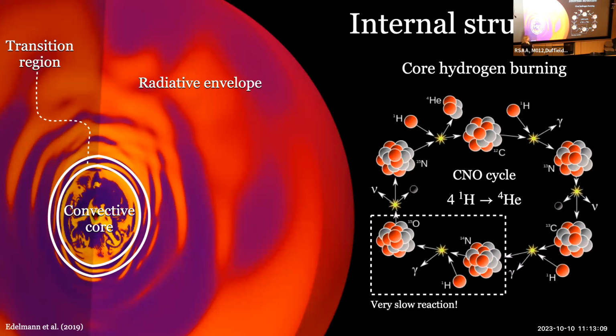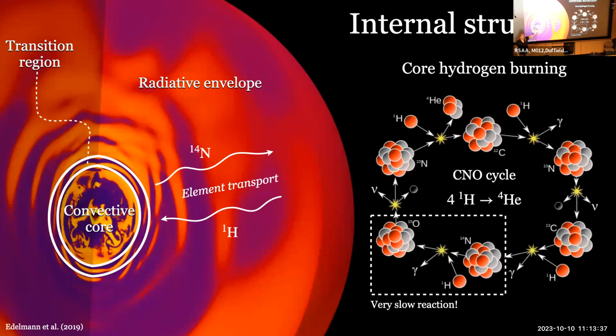Out of these reactions, the slowest one is where we're transforming nitrogen into oxygen. Because it's a slow reaction, we end up building up nitrogen in the cores of these stars. And if we have mixing taking place in the envelopes of these stars, we can transport excess nitrogen from the core to the surface and thereby modify the surface abundances that we see for the stars.